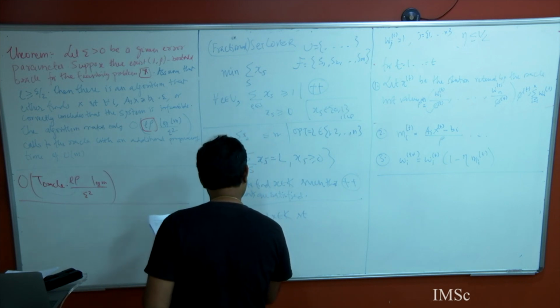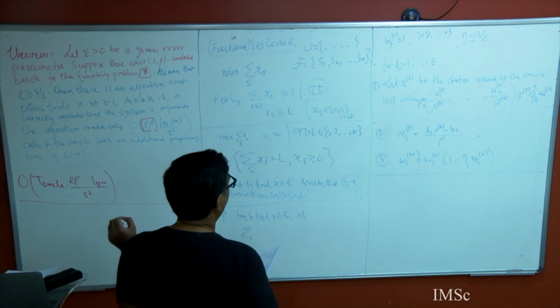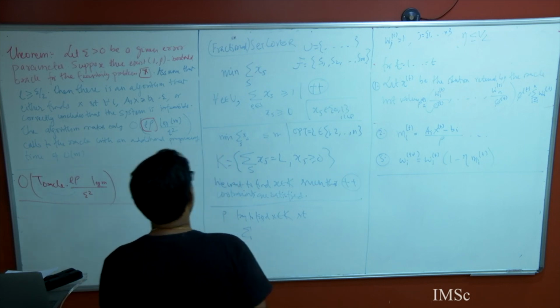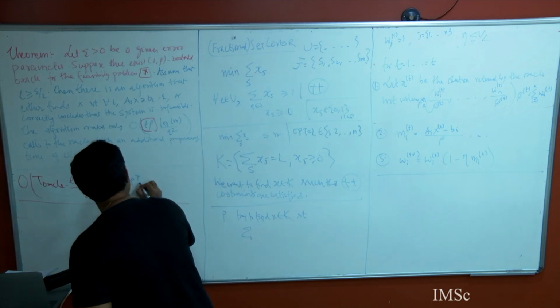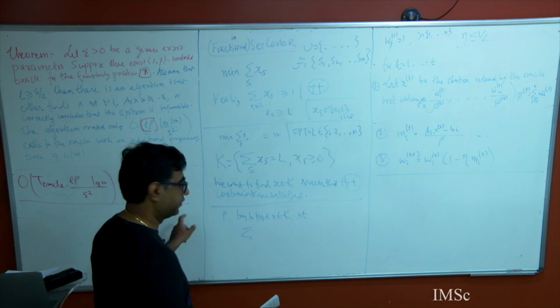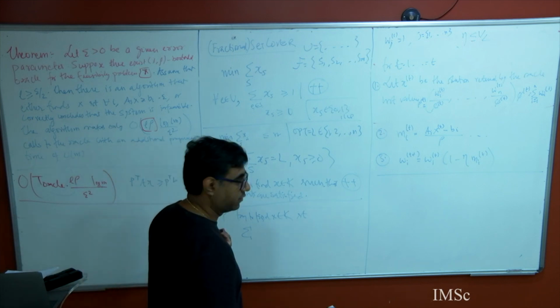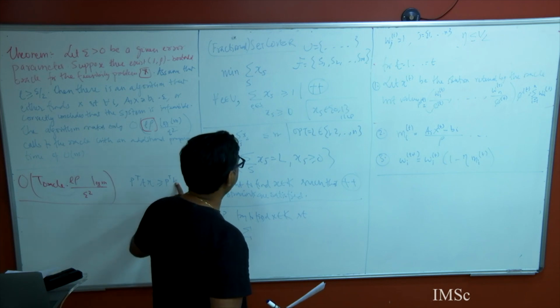What do I need? If you recall correctly, we said P transpose A x should be greater than or equal to P transpose b, for any probability vector. What is b for us here?